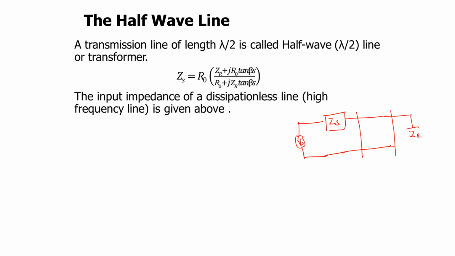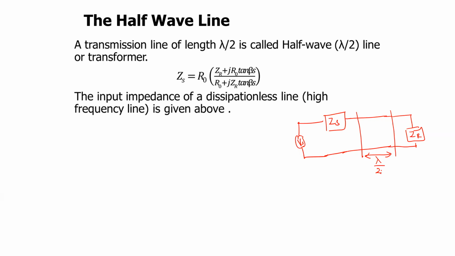We can take it as ZR, the load impedance. Now this short piece that we have inserted between the load and the source is of length lambda by 2. That is why it is named as half-wave line. Again, in this case also, we have to find the input impedance of this half-wave line that we have inserted between the source and the load.